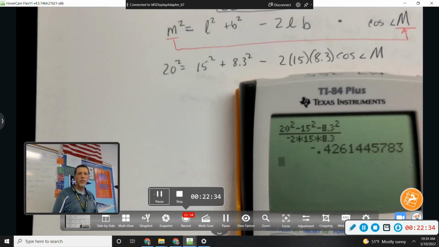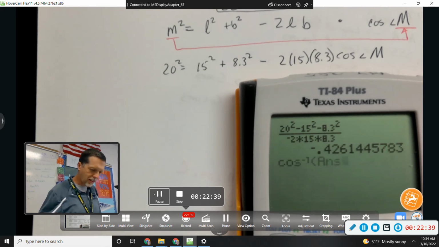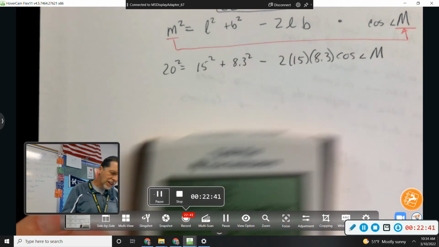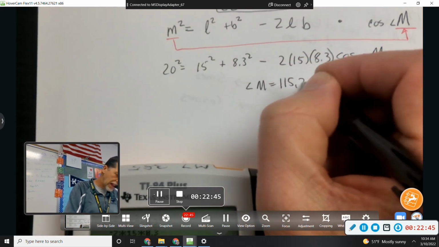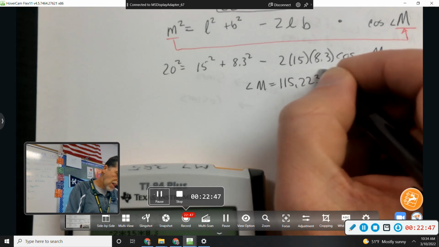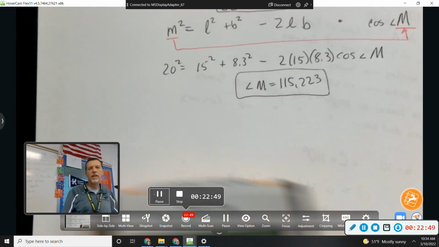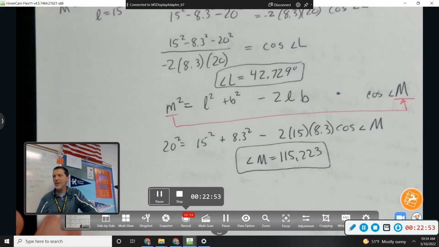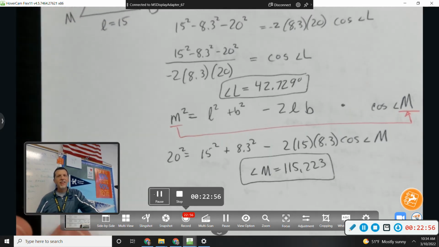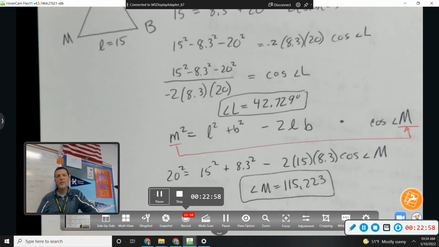So showing a little less work. Inverse cosine of that, 115. And then what do I need to do? Do I need to do this one more time to find angle B? I mean, you can, but what would be the easier way to find angle B?